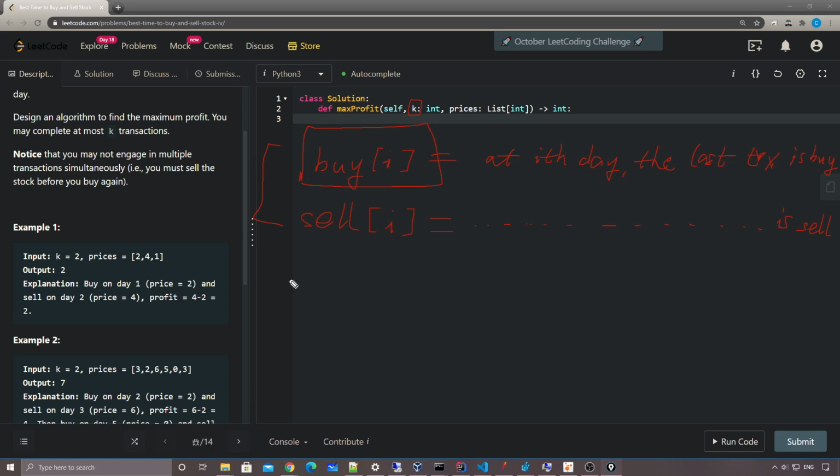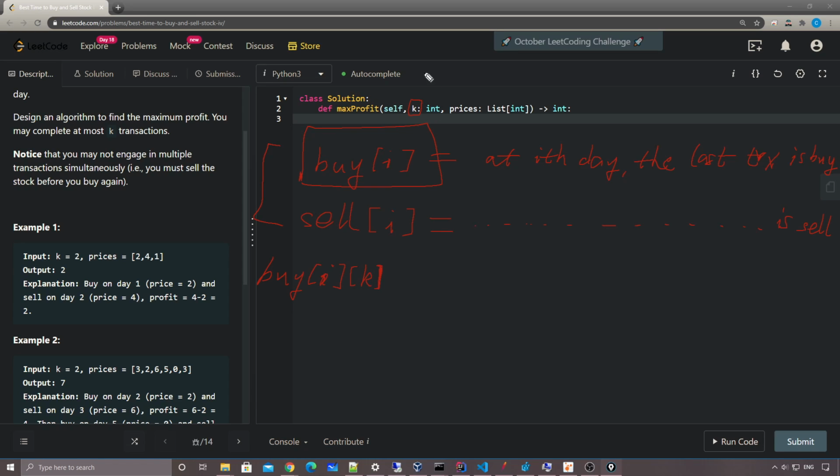Other than the i here, we'll also have another k. This k means that at the i-th state, the last transaction is buy, and we have done k transactions.